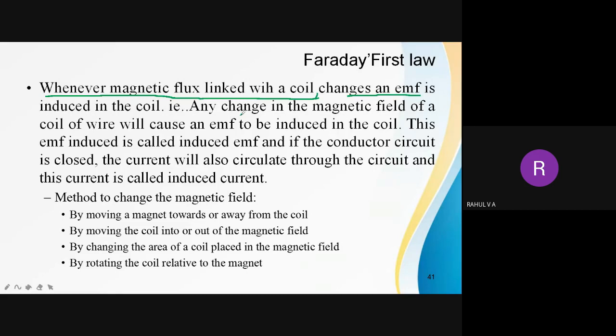At first, when it is at rest, there won't be any EMF induced. Whenever there is a change in linkage, there will be an EMF induced in the coil. So any change in the magnetic field of a coil or wire will cause an EMF to be induced in the coil.